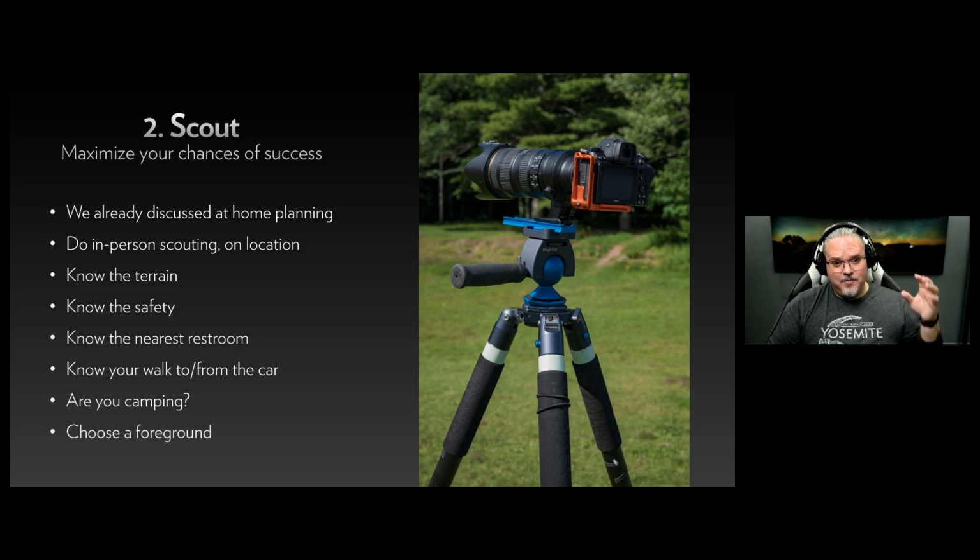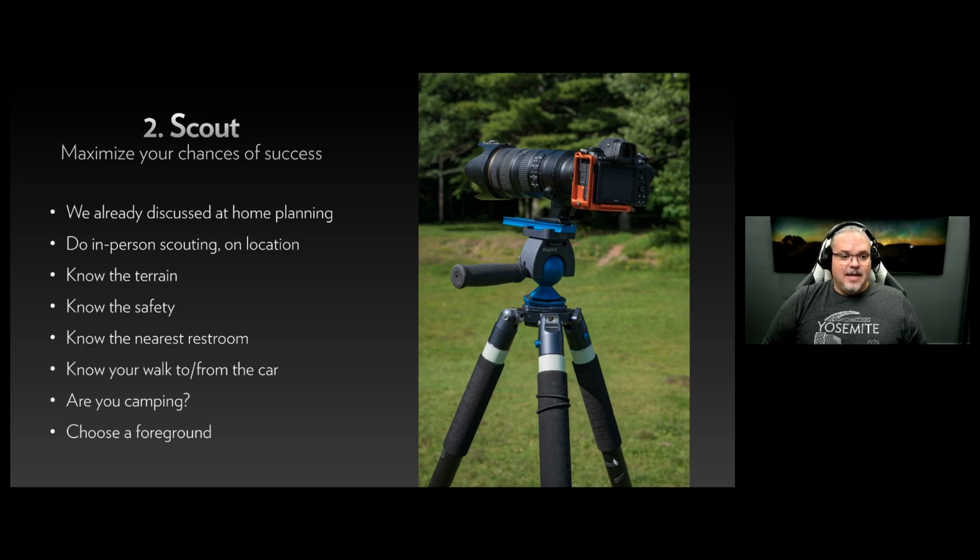So, once you're done planning, which can be done from anywhere, scouting is in person. To maximize your chances of success, we're going to talk about scouting in person. Number one is safety. You've got to know the terrain that you're going to be photographing on.